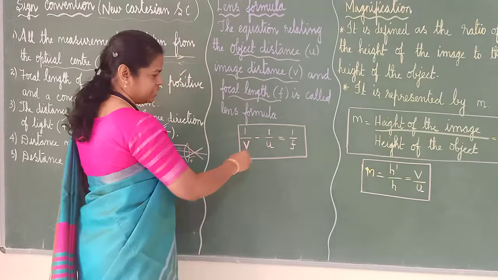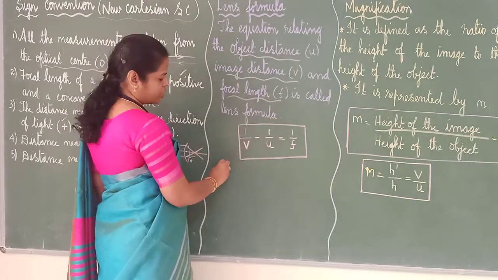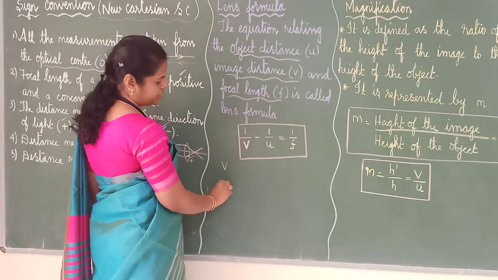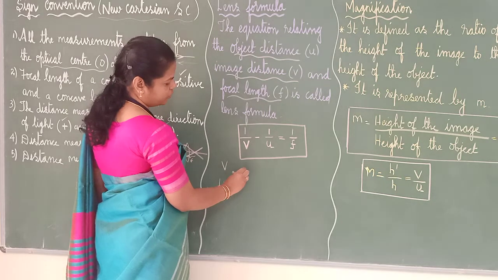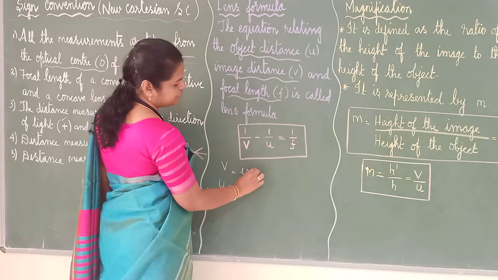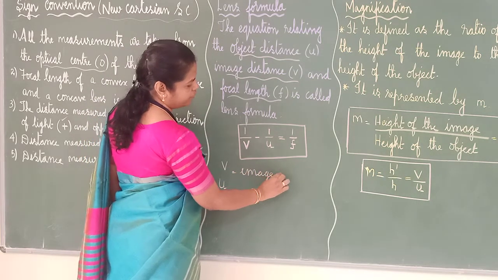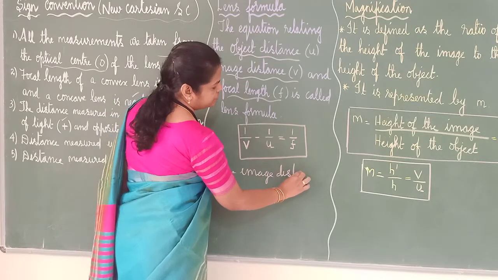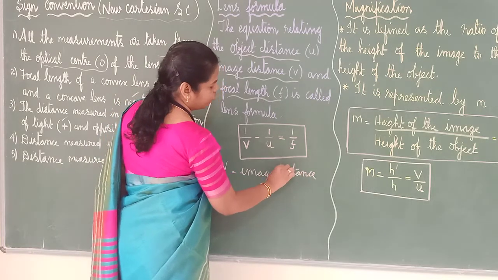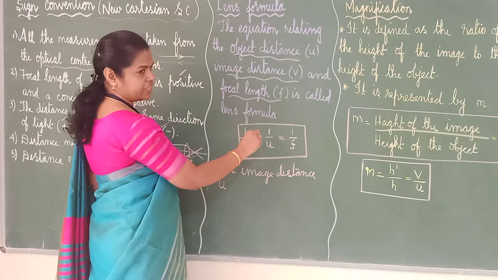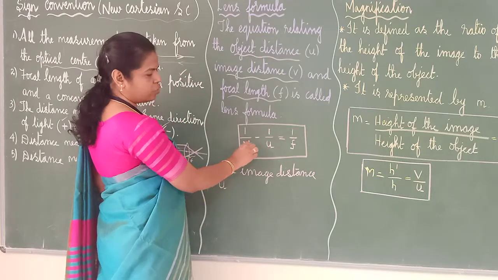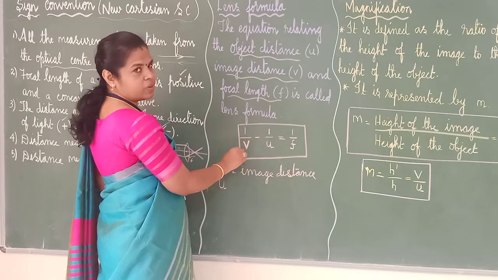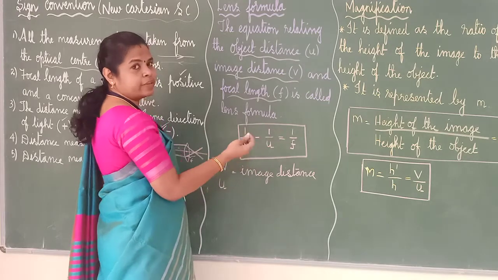Whenever you are writing the formula, you should put a box around it and below that you should write what each symbol is. If it is 2 marks for this question and you write only the formula, you get only half.